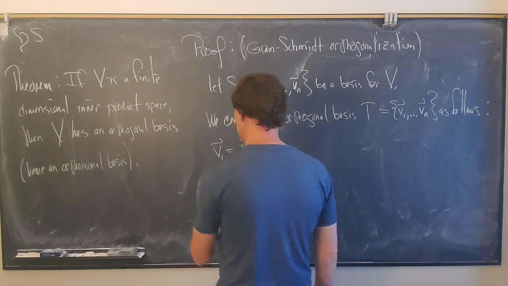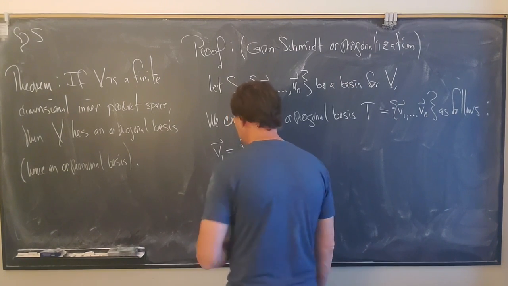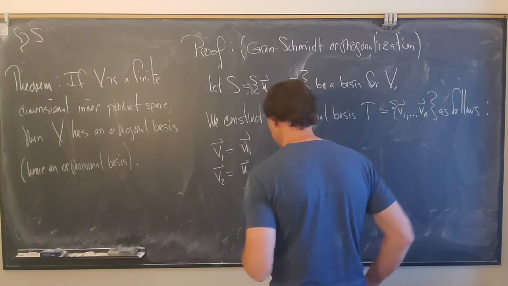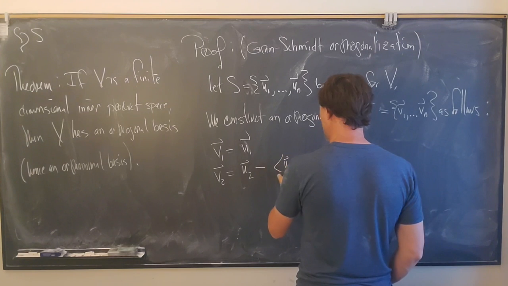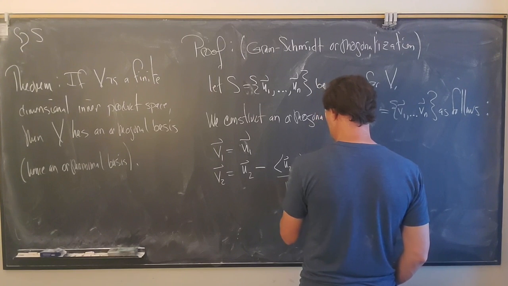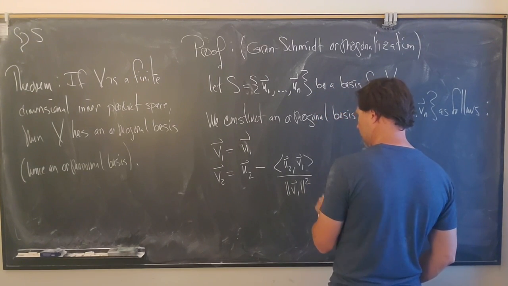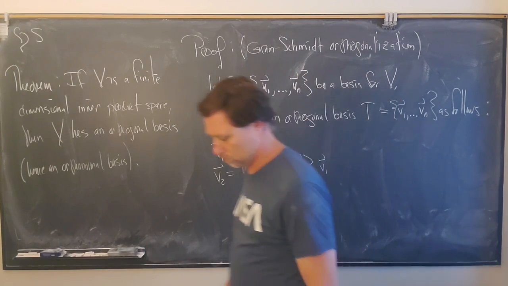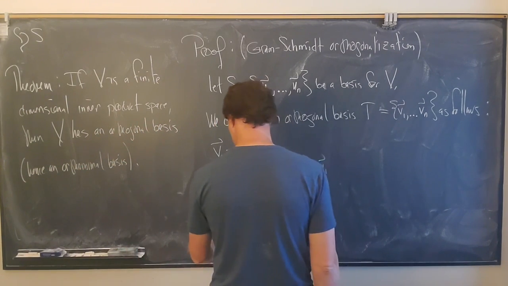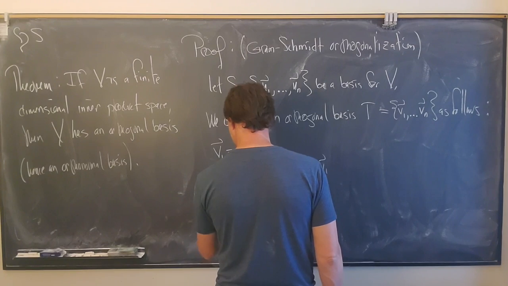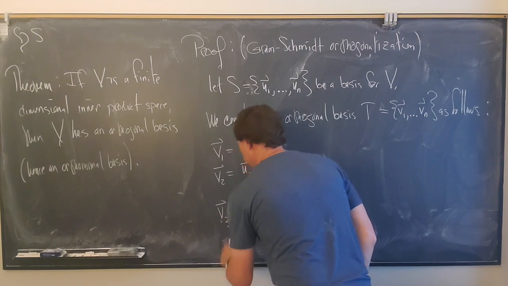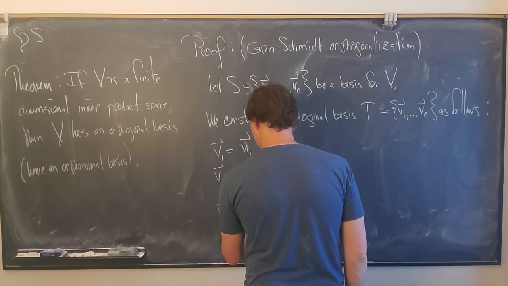The next one, v2, is going to equal u2 minus u2 inner product with v1 divided by the norm squared of v1 times v1. Is that all right? Okay. Now I need to tell you who v3 is, and from here, hopefully you'll see what the pattern is. So v3 is going to be u3.